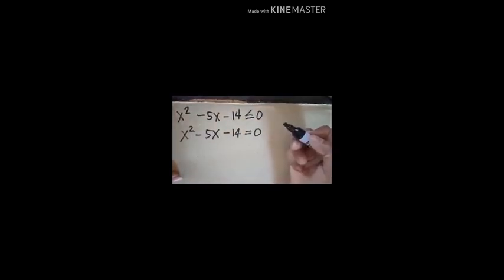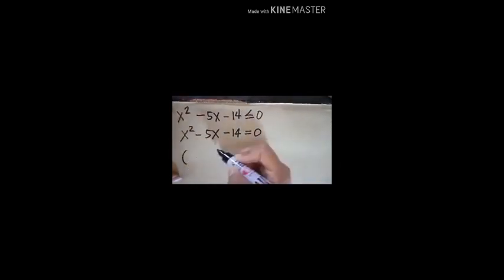Then, we are going to solve for the solution. Okay? So, therefore, pwede siya by factoring. So, i-factoring natin. So, therefore, we have x minus 7 times x plus 2. Okay? So, apply the zero product property.